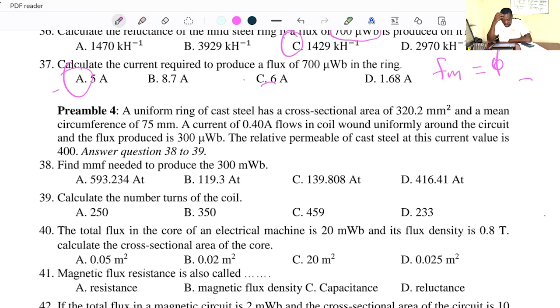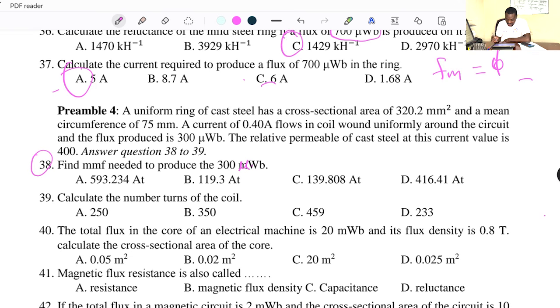A current of 0.40 amps flows in a coil wound uniformly around the circuit, and the flux produces 300 microwebers. The relative permeability of cast steel at this current value is 400. Question 38: find the MMF needed to produce the 300 microwebers.